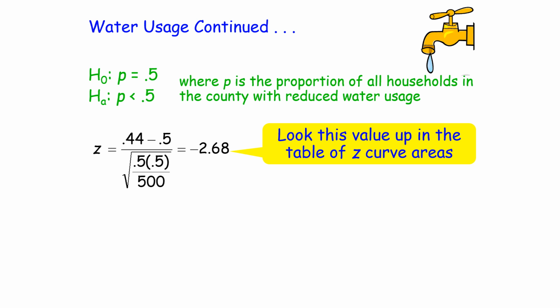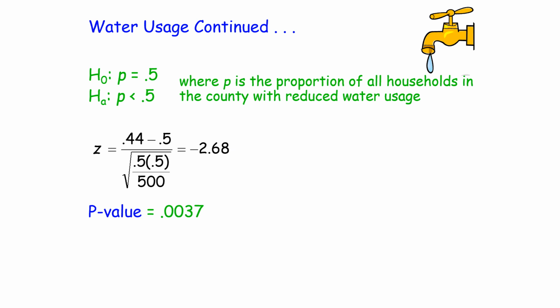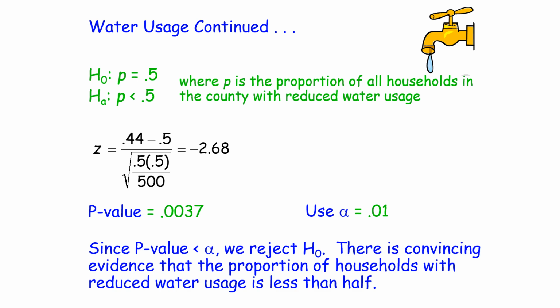Doing so gives us the p-value of 0.0037. We're using an alpha of 0.01. So since our p-value is less than alpha, we reject our null hypothesis. There is convincing evidence that the proportion of households with reduced water usage is less than half.